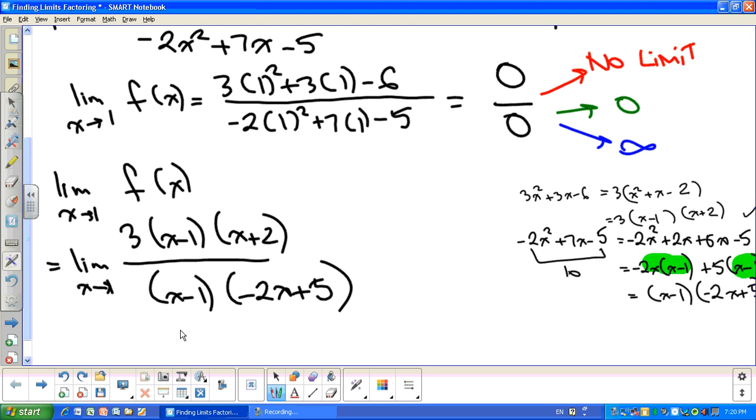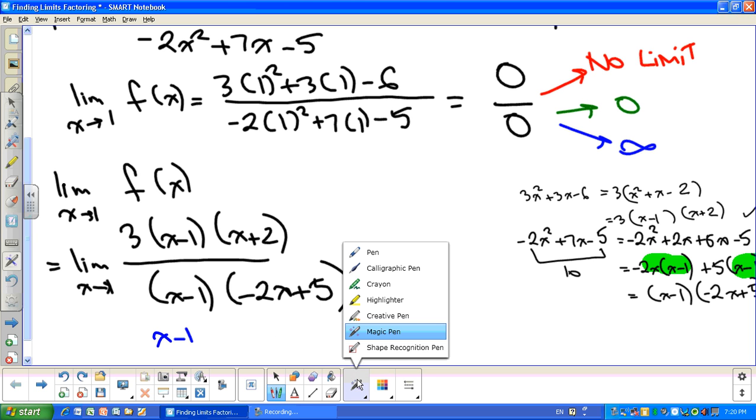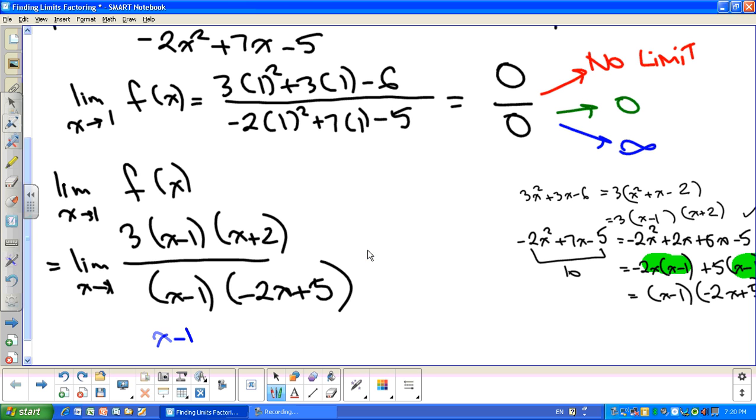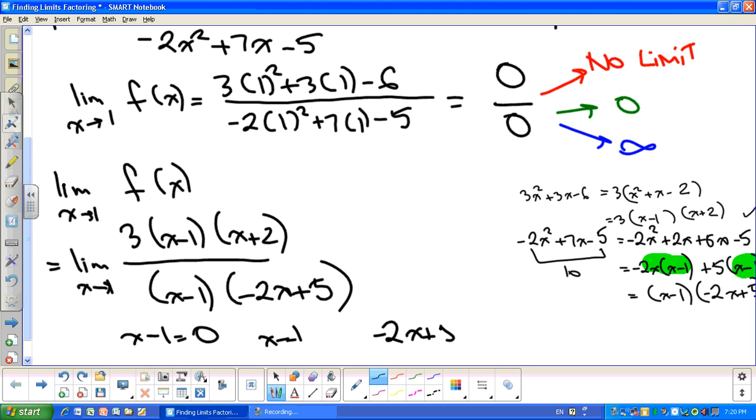The function is not defined for x equals 1, when x minus 1 equals 0, and for negative 2x plus 5 equals 0, x is 5 over 2. So x cannot be 1 and x cannot be 5 over 2.